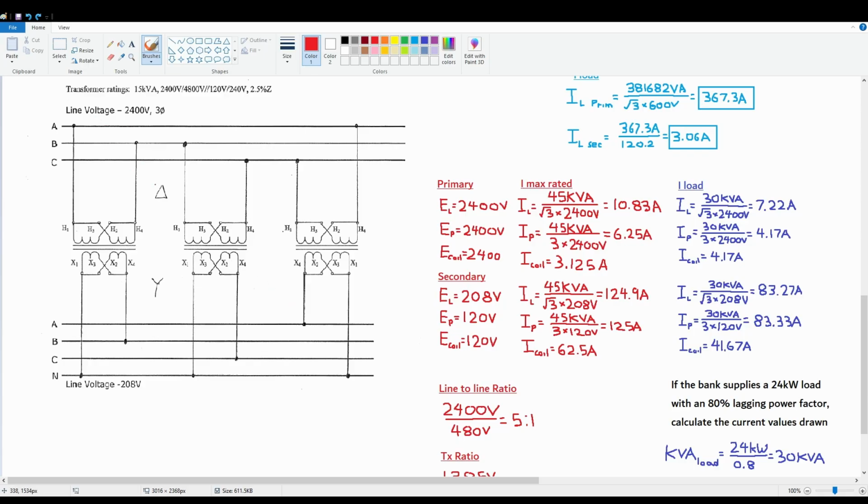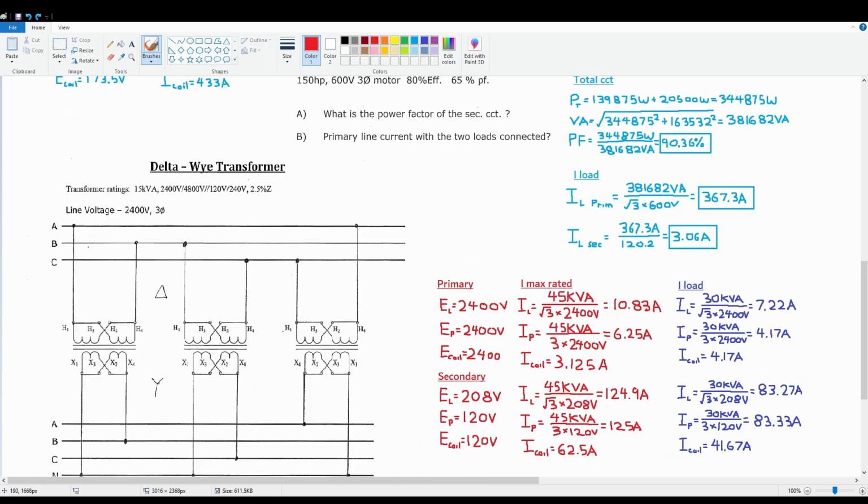Okay, so now we have a line voltage of 2400 volts and a secondary line voltage of 208 volts. Now, if we look at the primary side, here are our dual winding settings. Each winding is going to be 2400 volts.